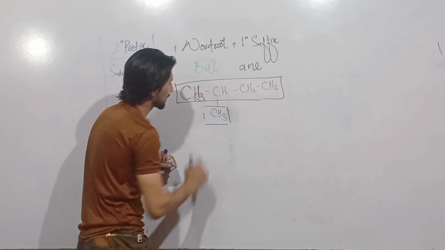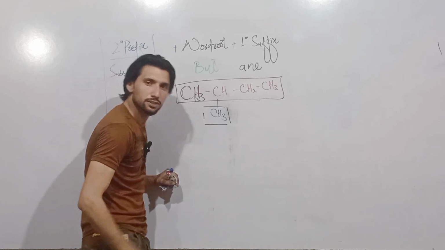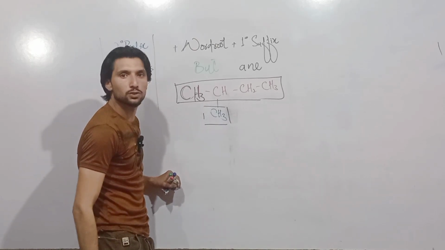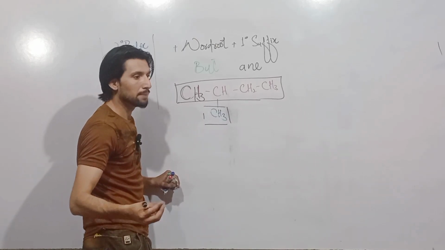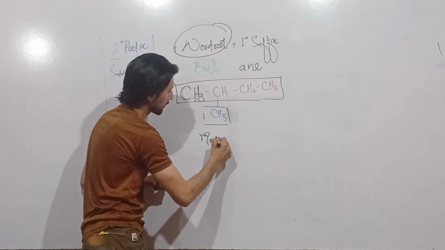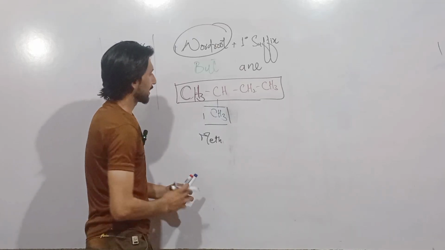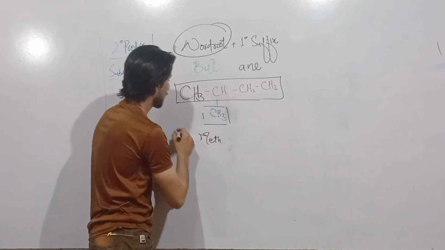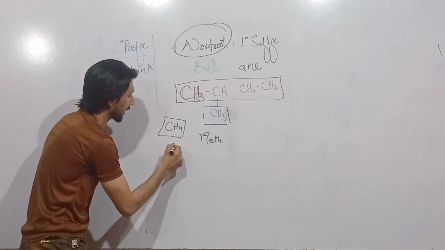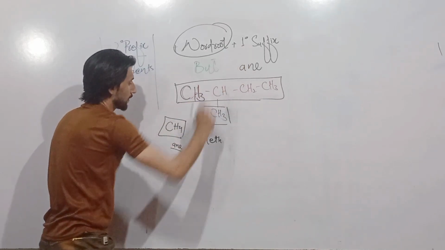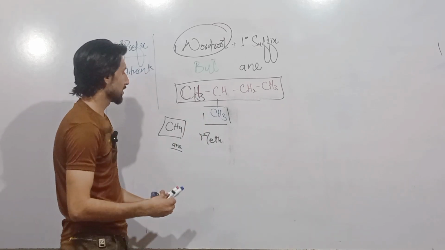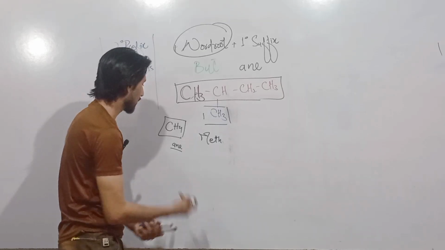The branch here contains just one carbon atom. For one carbon atom, I have learned that the word root is meth. For such a molecule, the primary suffix was ane. But here, as it is a branch, there should be some change in the name too. So this could not be ane.